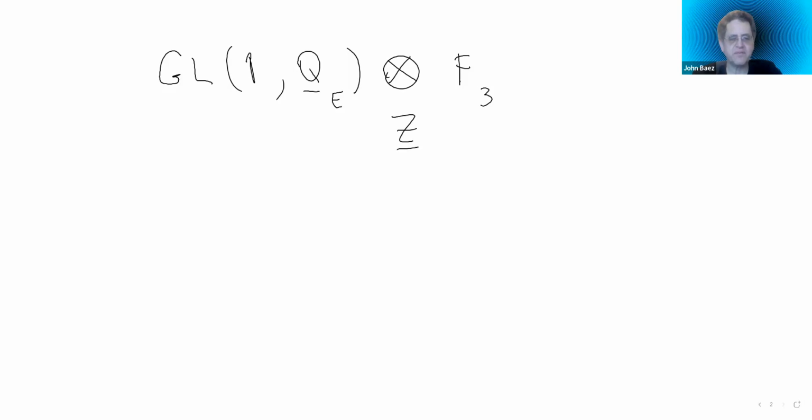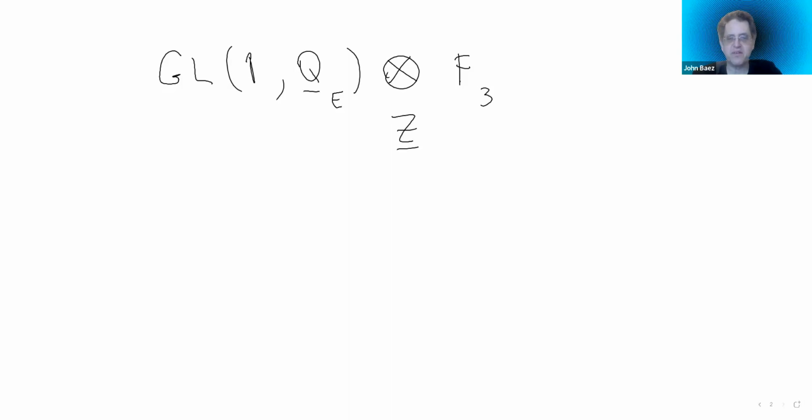So it acts as negation in GL1 of the Eisenstein field. If you think of GL1Q as... wait, why am I saying that? That's not true. I was thinking that since one of the cube roots of one is the inverse of the other, that was like negation if you think of it multiplicatively.